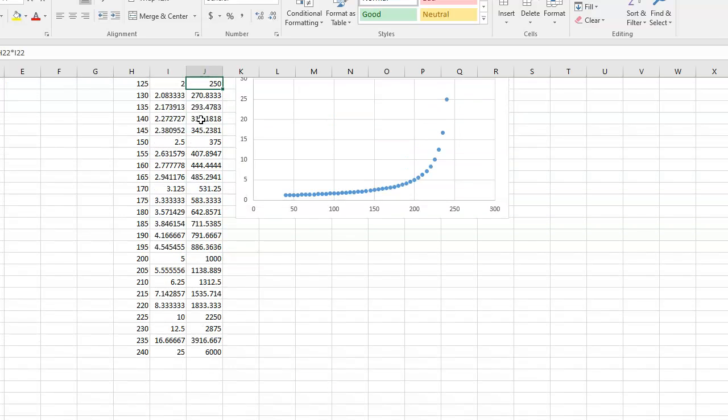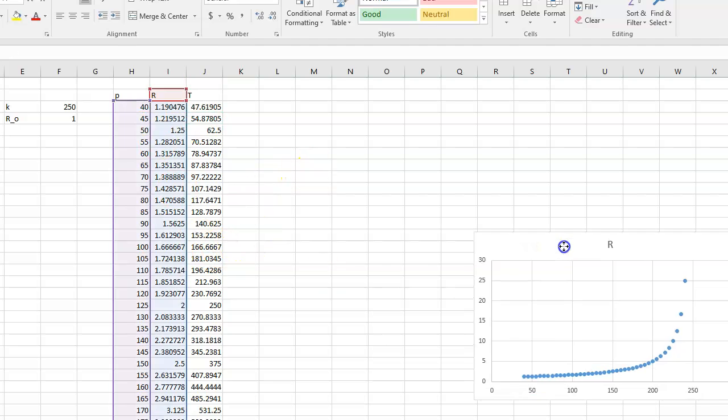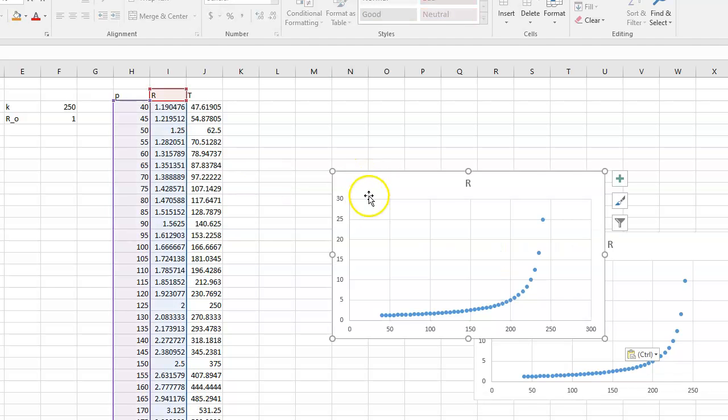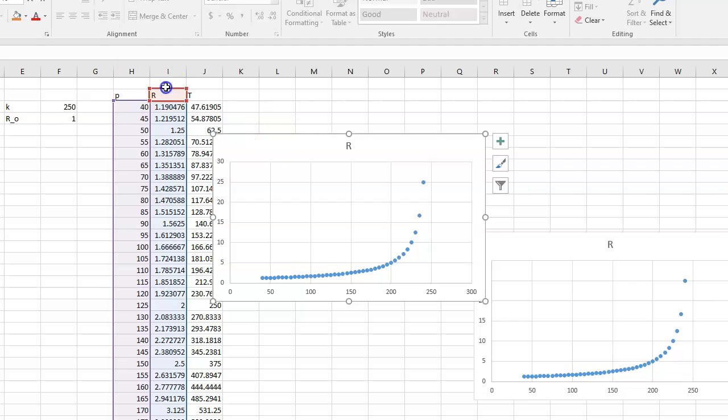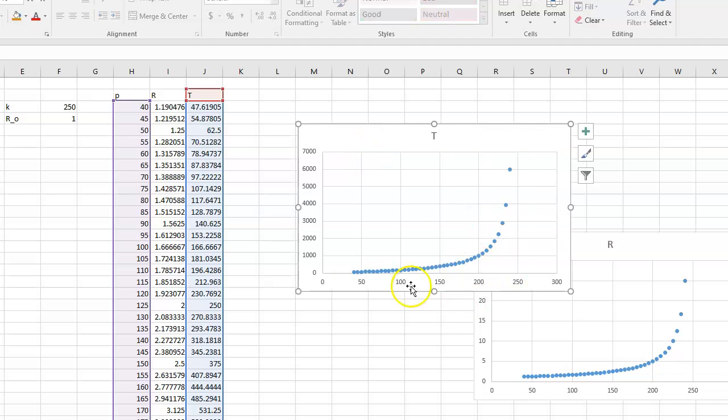All right, so you can see here, I could add to this, or I'll just do another plot. Let me copy this. Okay, and I'm just going to grab that, move it over. There we go. Now we have T versus P. All right, both of course have issues as this goes to infinity.